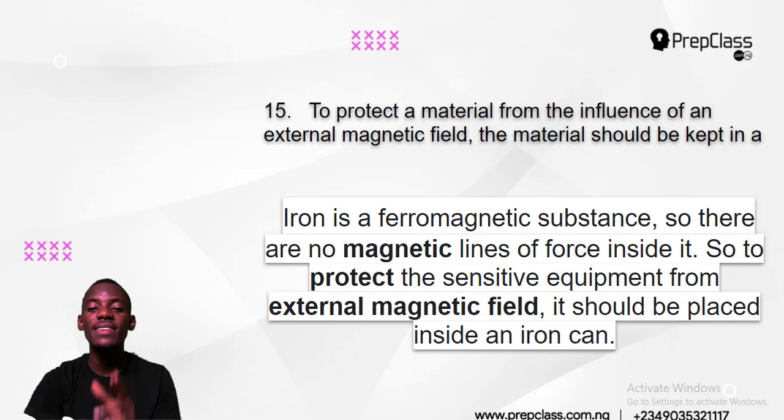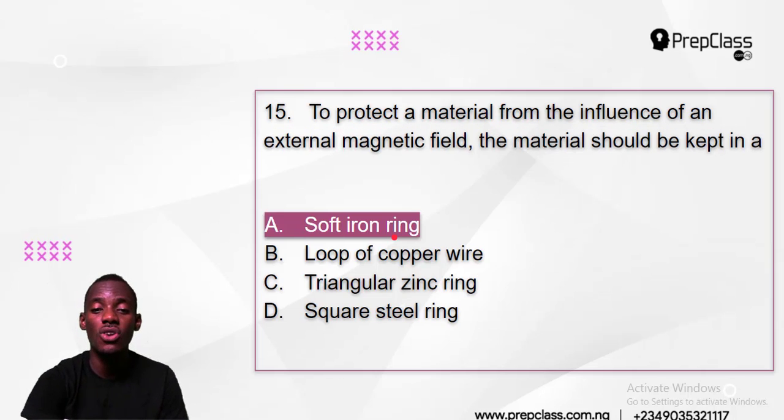So to protect sensitive equipment from an external magnetic field, it should be placed inside an iron can, because magnetism can't penetrate through iron substances. So iron is a ferromagnetic substance, and there is no magnetic line of force inside. So the magnetic line of force can't get through iron material. So the simple answer is just soft iron ring, and that is the answer to that simple question.